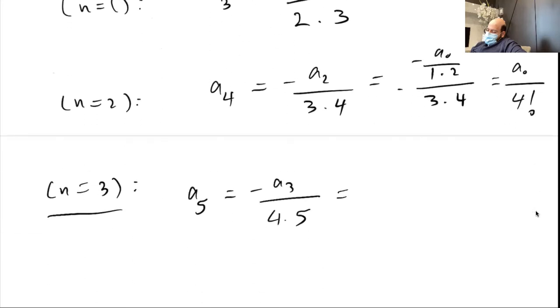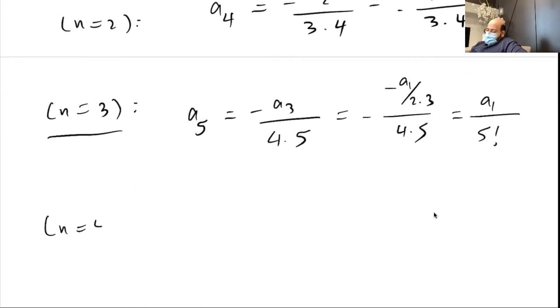So minus a1 over 2 times 3 divided by 4 times 5. Minus cancels with minus. Divided by 2 times 3 times 4 times 5, that's 5 factorial.